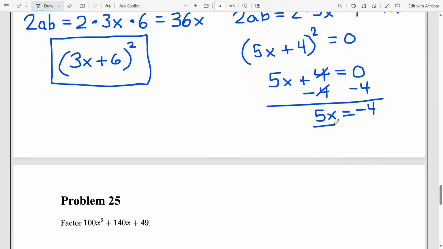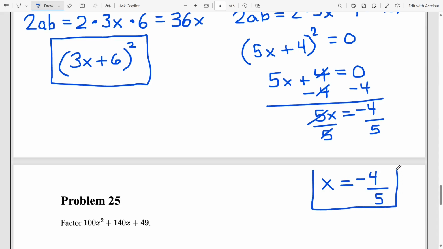I'll then divide both sides by 5. So my one solution is x equals negative 4/5. That's my one unique real solution. Boom. Okay.